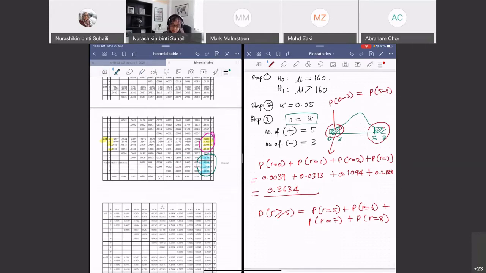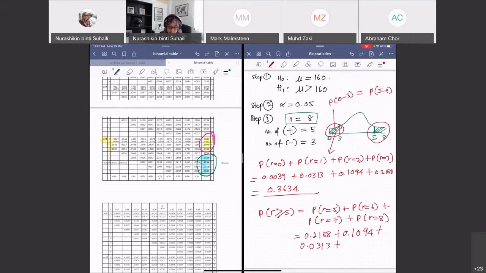If you put it here, when r equals 5 it is 0.2188, plus 0.1094, plus 0.0313, plus 0.0039. You can see that it's actually the same as before, all of the values, because it's going in the opposite direction. 0.2188, this one and this one. So the total area will be the same, 0.3634.